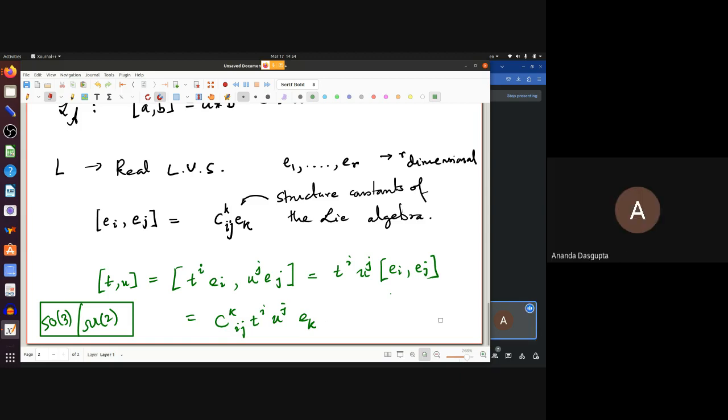If you talk of how to get a Lie algebra from a Lie group, then you would essentially look at the behavior of that Lie group close to the identity of the Lie group, which is close to the origin of the corresponding parameter space. We are looking at Lie group elements close to the identity, like the tangent vector space close to the identity.